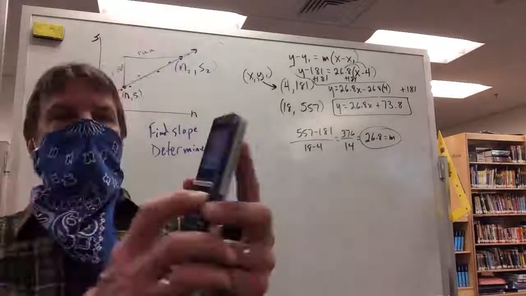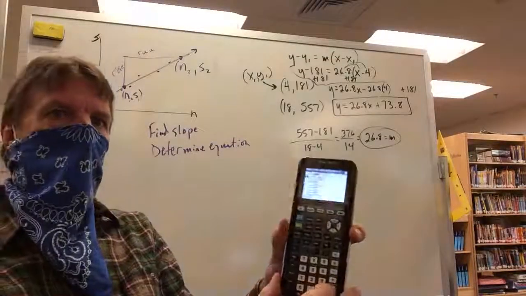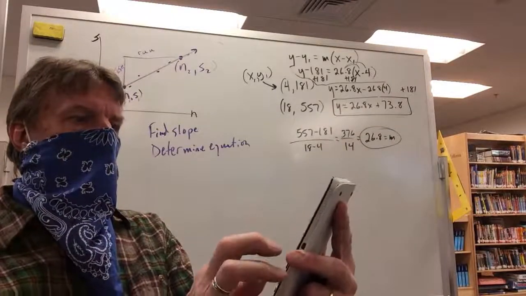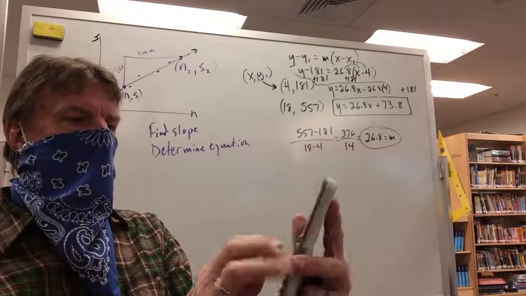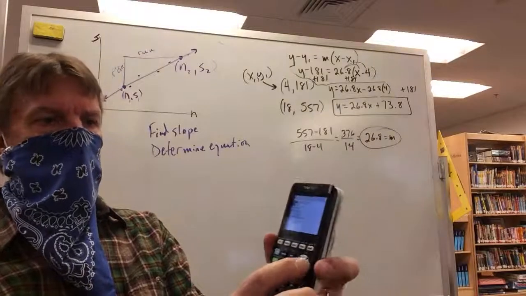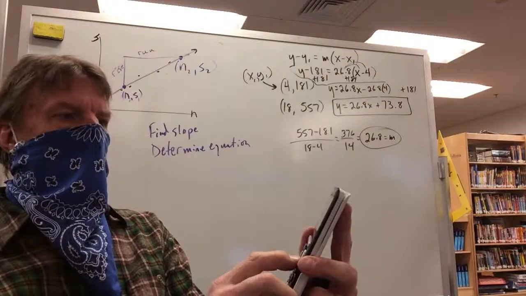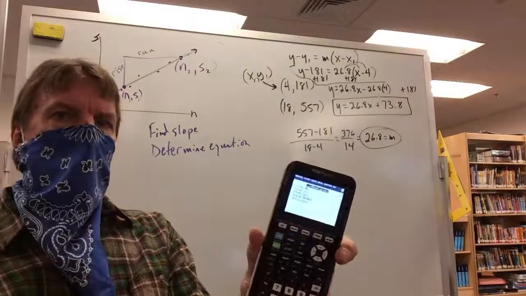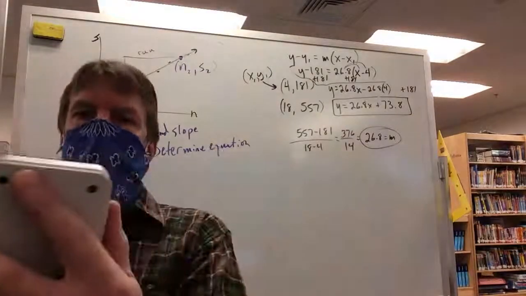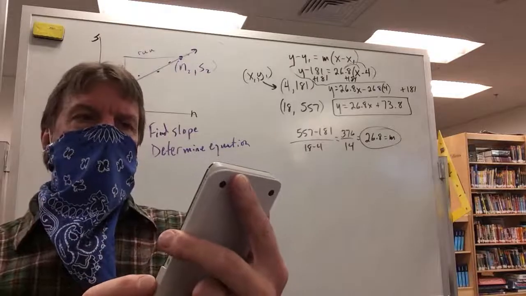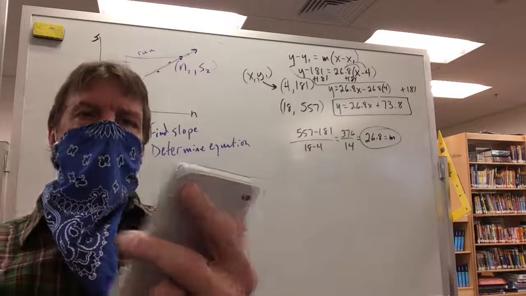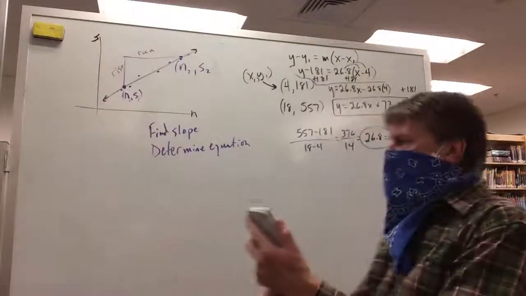Yeah, stat, and then you go over to calc, and then you go down to linear regression. Once you're on calc, I think if you do the number 4, linear regression ax plus b, then it will say which list you're pulling your data from. And you just keep hitting enter, and then you'll get a slope and you'll get a y-intercept.